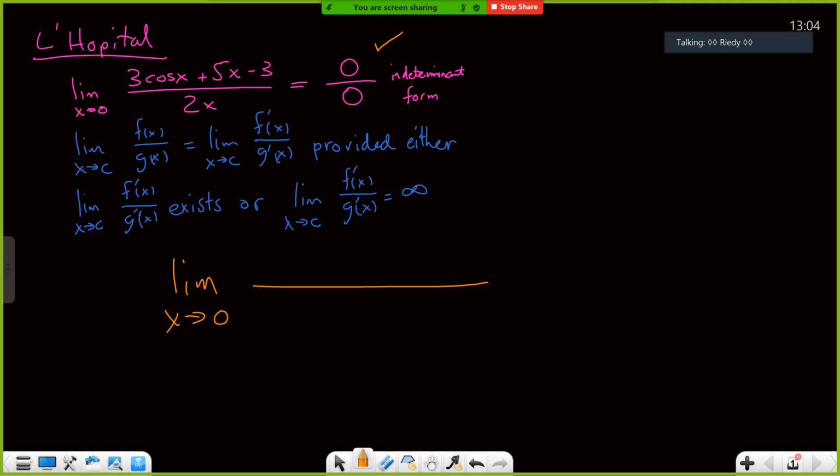Lexi, what's the derivative of the numerator? And the bottom, please? 2. And do it all over again.